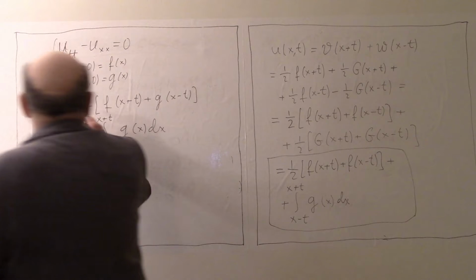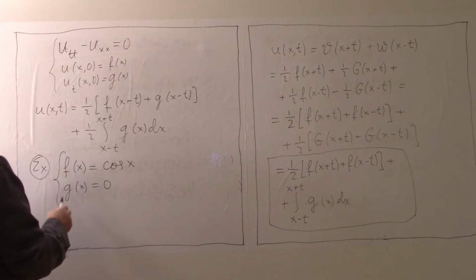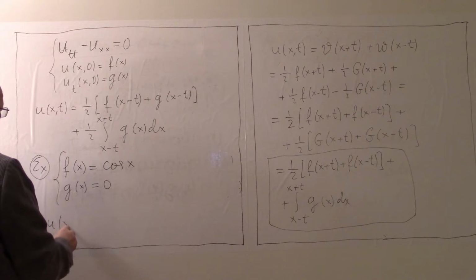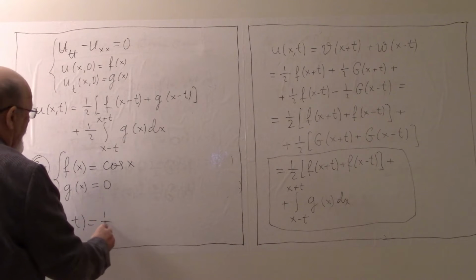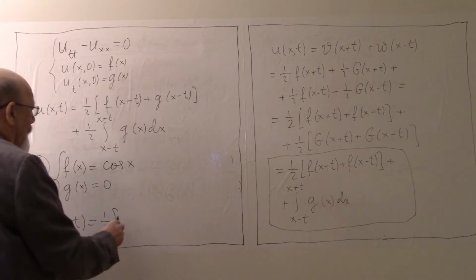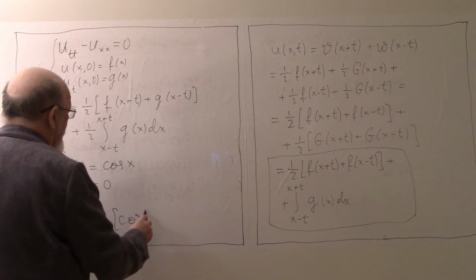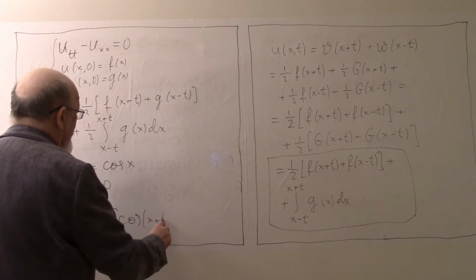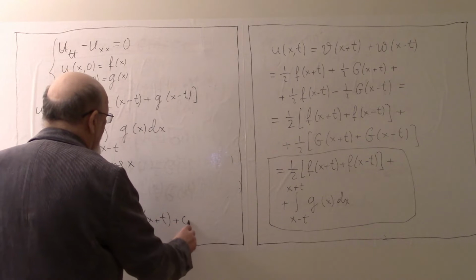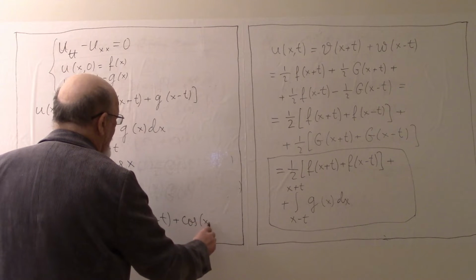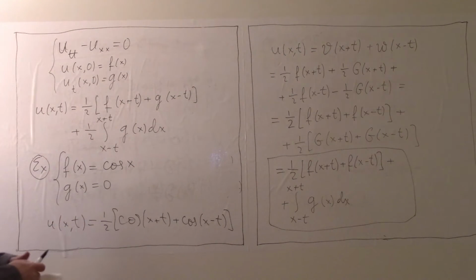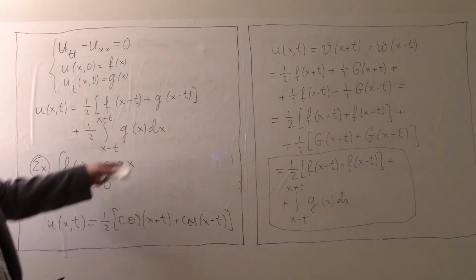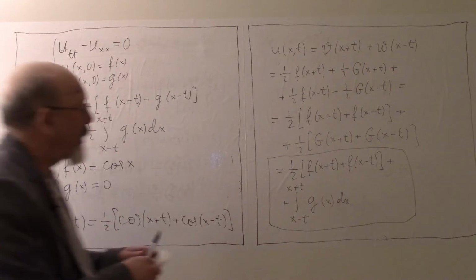Then following this formula, u of x, t equals 1/2 cosine of x plus t plus cosine of x minus t. The second term is absent because g is 0.